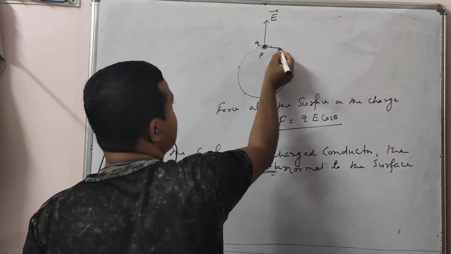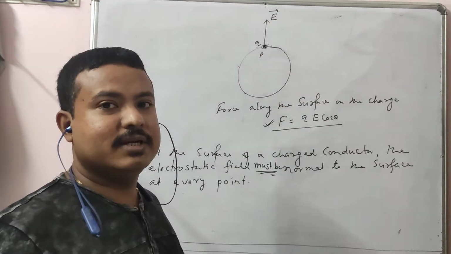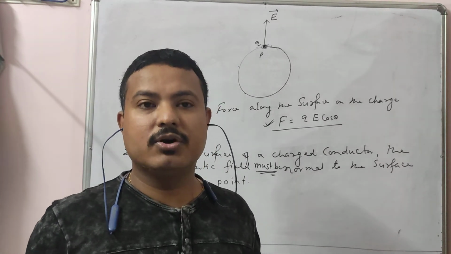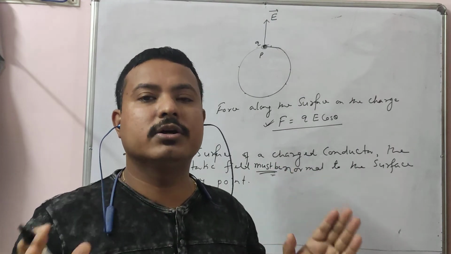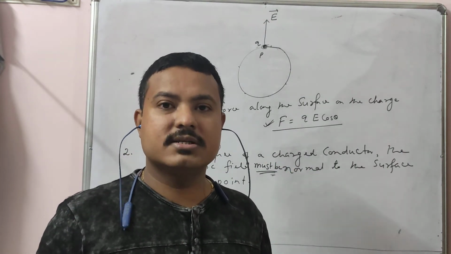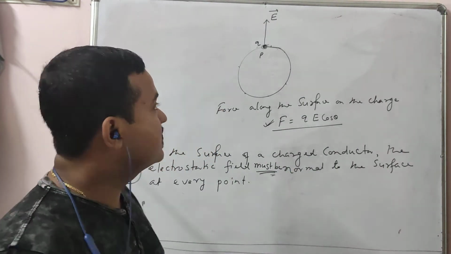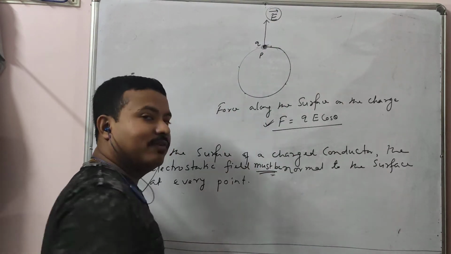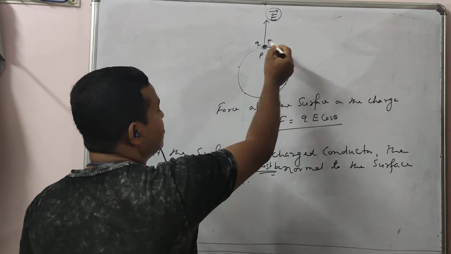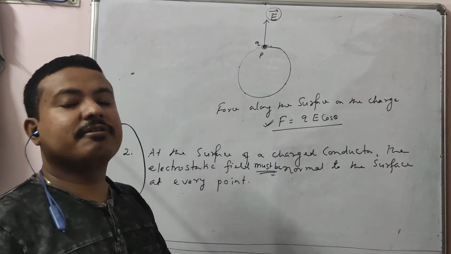So now there will be no component along the surface. So obviously the charge will not move because it will not experience any force. So there will be no movement of charge along the surface. So we can say that there must not be an electric field along the surface.